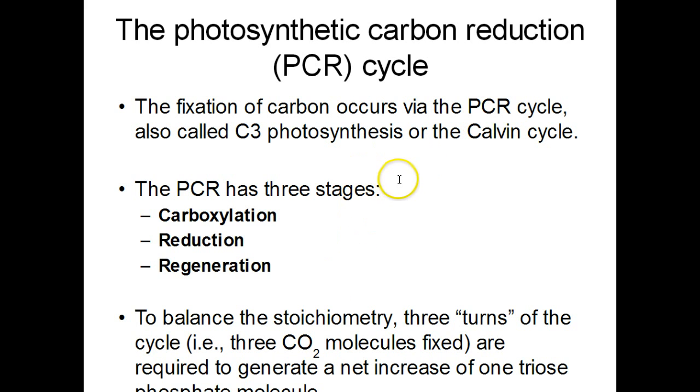And what is amazing is all of these reactions occur, and you're going to see how complex the PCR cycle is, one CO2 at a time. So this entire cycle occurs for every single CO2 that's added. Okay?